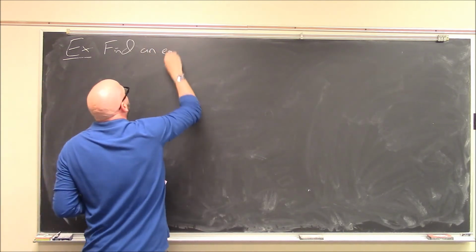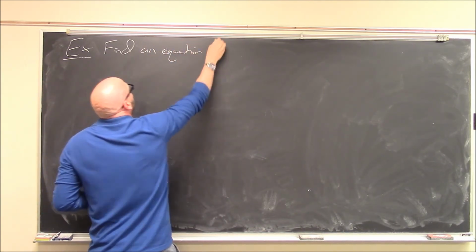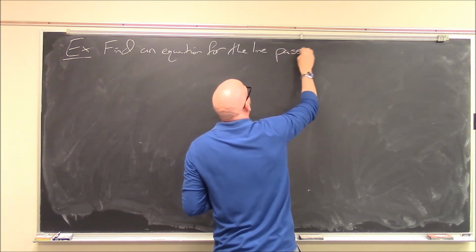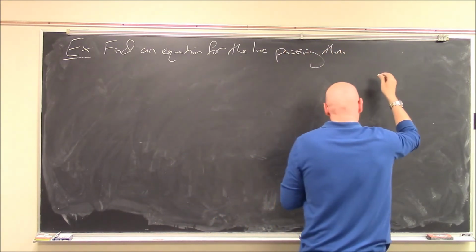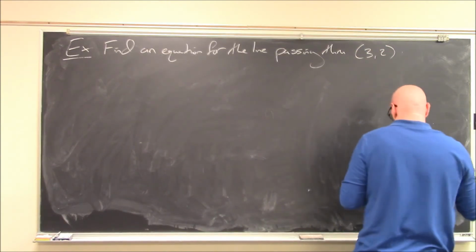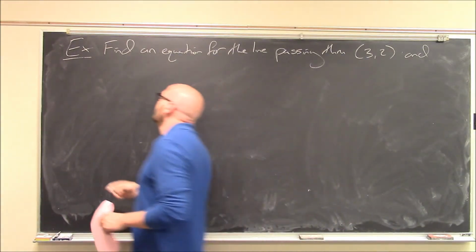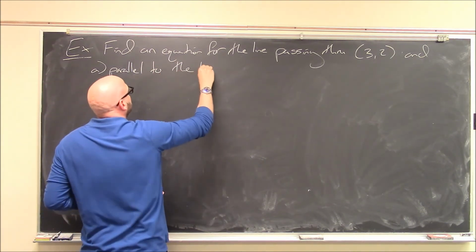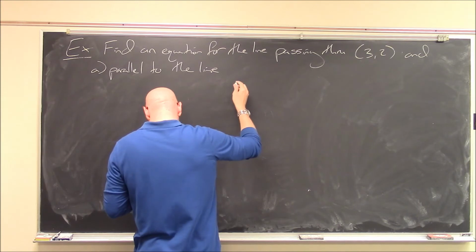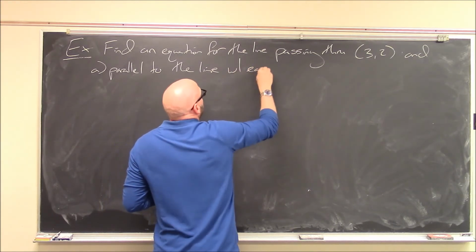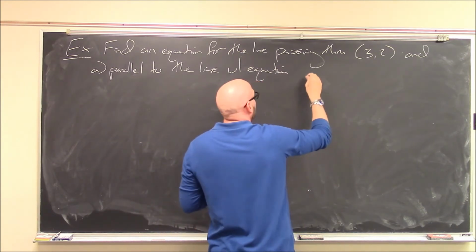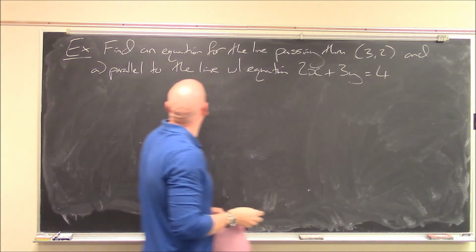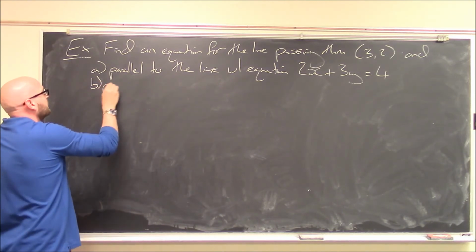Find an equation for the line passing through the point 3, 2, and we'll say A, it will be parallel to the line with equation 2x plus 3y equals 4. And part B we'll just do perpendicular to it.